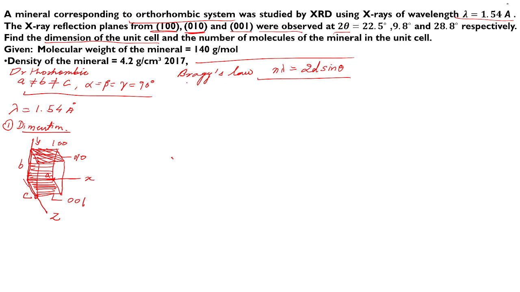Here n is not given, so when n is not given we will assume it as 1. Lambda is already given, and theta is given as 2 theta, so theta is going to be 2 theta divided by 2. By utilizing this formula we can calculate the dimension.